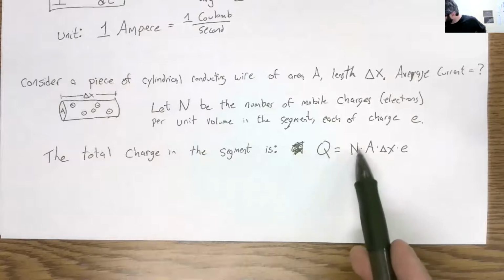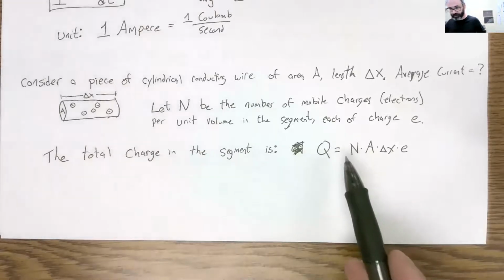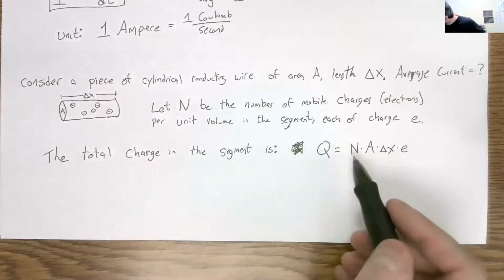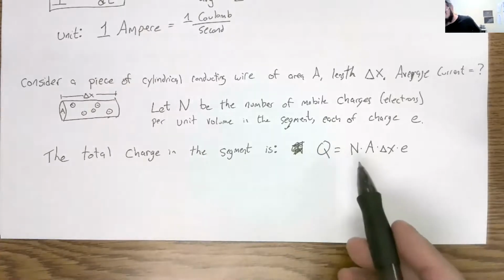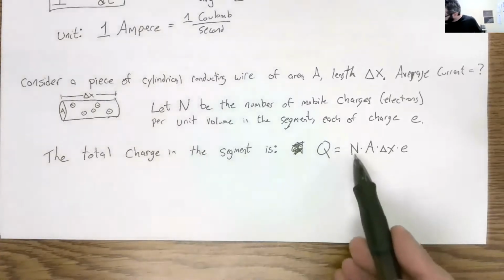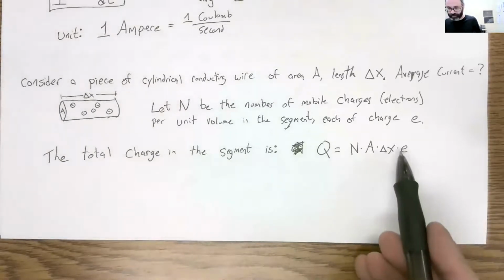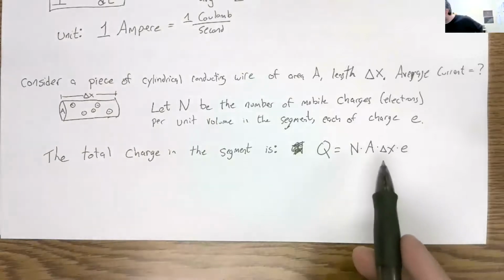The number of charges per volume is usually going to be constant for a given metal. It has to do with the molecular makeup of the metal, starting to get into chemistry there. But we can figure this out. We're given the area, we're given the length, and we know the charge of an electron.